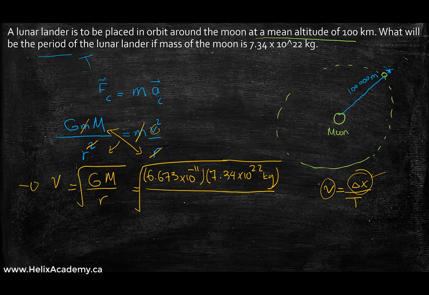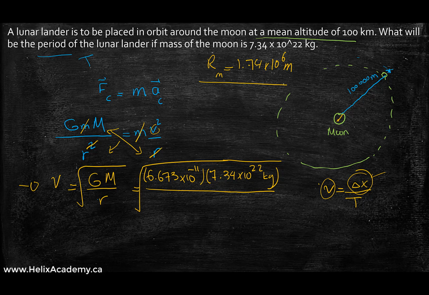And that will be divided by r, where I know the altitude is 100,000 meters. Now, the radius of the moon can be found in any type of chart that is given to you, and that's equal to 1.74 times 10 to the power of 6 meters. It's given. You can Google it and find that out.